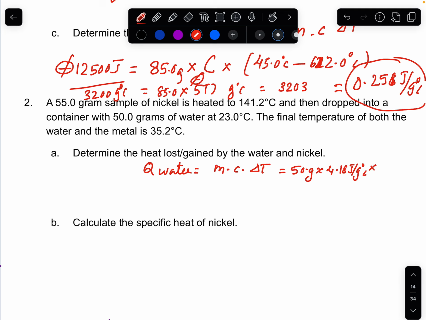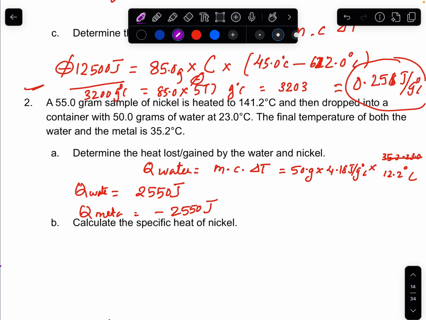The temperature difference is 35.2 minus 23.0, which is 12.2 degrees Celsius. Then multiply all of that, and Q of water is equal to 2550 joules. Then Q lost by the metal will be the negative of that number, which is 2550 joules.